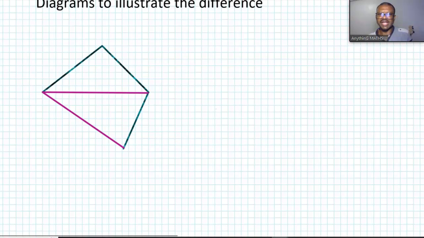First of all, we're going to label the diagram. This is the initial point.